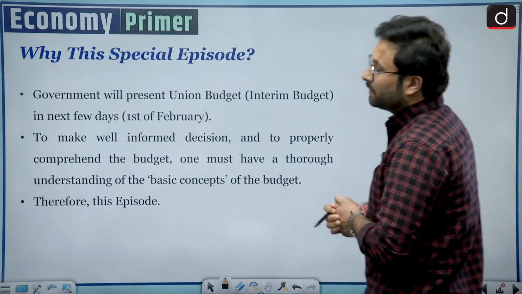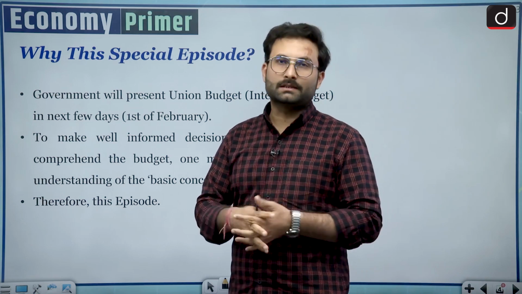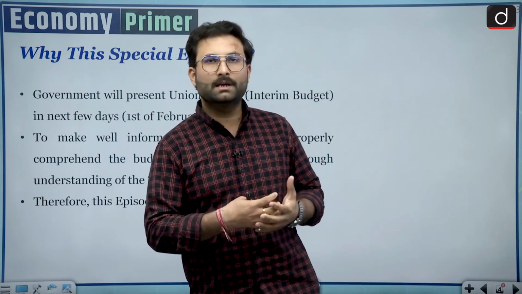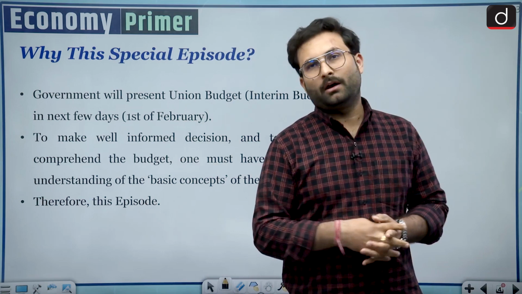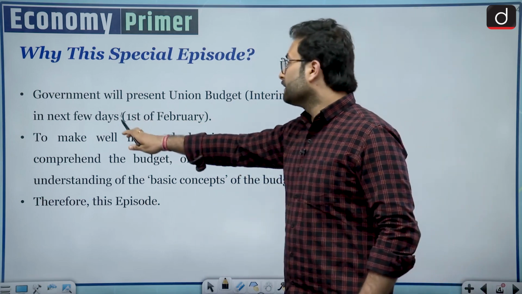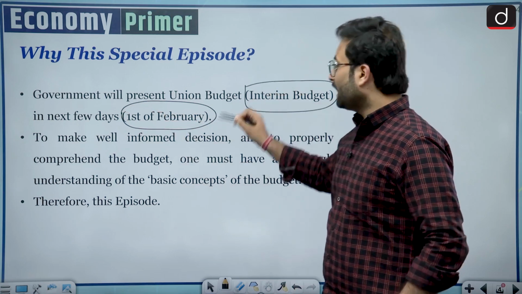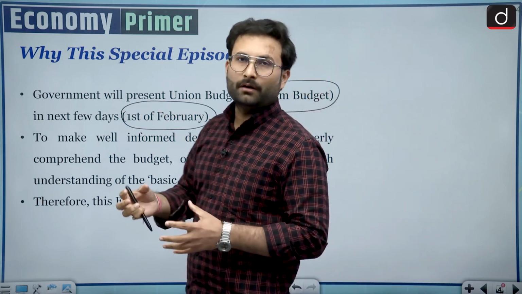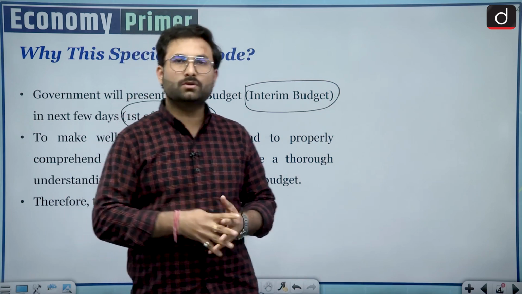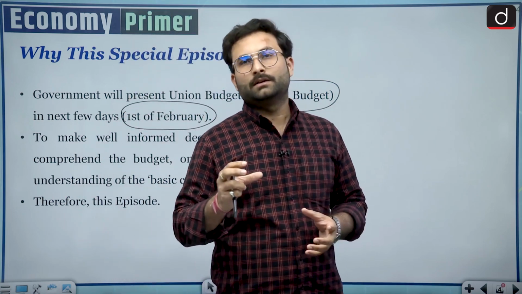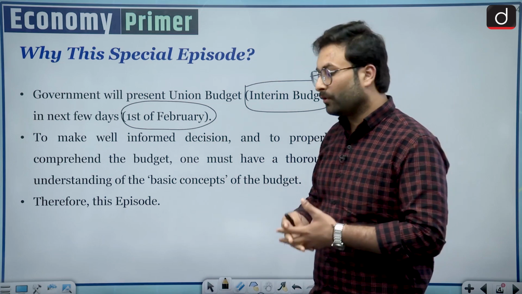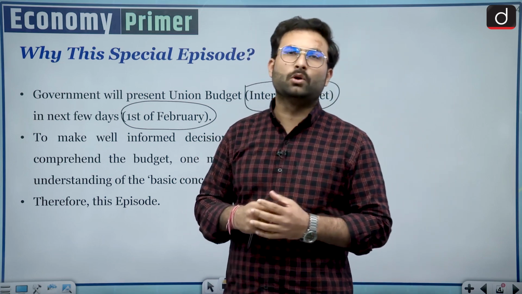We will start with why we have taken this episode. So we know that the government will be announcing the budget very soon, that is on 1st of February. This time the government is going to go for an interim budget, as happens every time when there is an election. For the expenditure in the months before the elections, governments don't go for the overall budget, or you can say wholesome budget.